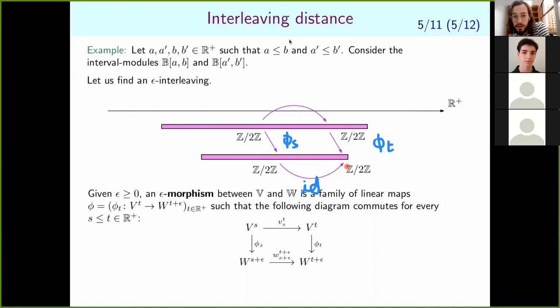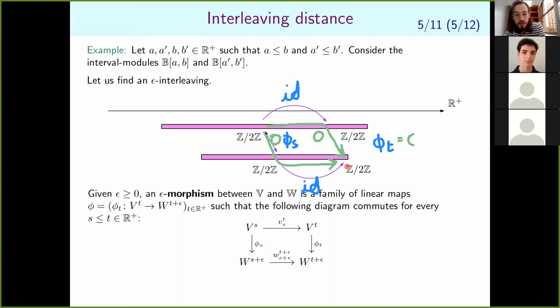Suppose that, for instance, phi_t is 0. I will follow this commutative diagram. This composition here is the composition of the identity and 0, so it is 0. But if I commute, this composition here also has to be 0 by definition of commutativity. And this is 0 only if phi_s also is 0.